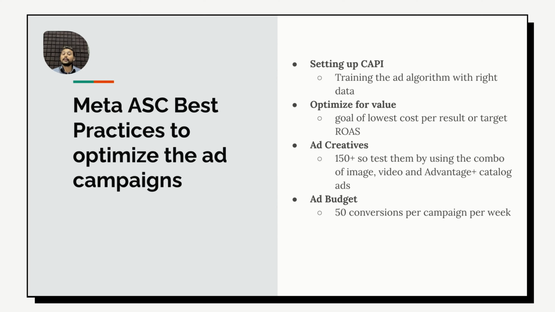So one more thing, do not make any changes to the budget while the campaign is live. All the budget changes that you want to make, do it before you take the Advantage Shopping campaigns live. If you change the budget once the campaign is live, it will again push the ad algorithm into learning phase, which is not a very positive response for you.